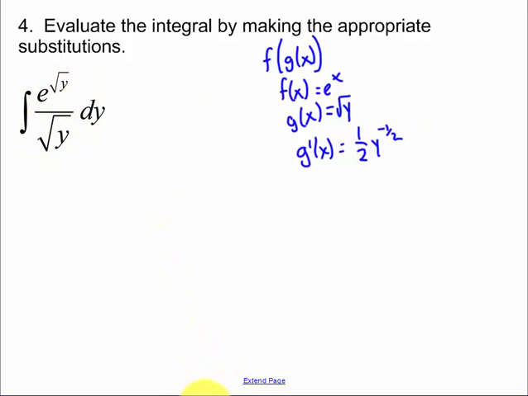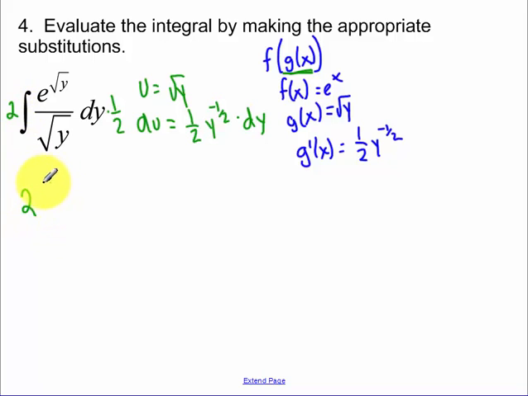So if we let our u be what the exponent is, the g of x function, then we know the derivative of that is that. Well, I have part of that. All I'm missing is the 1/2, so I multiply by 1/2 on the inside, 2 on the outside.